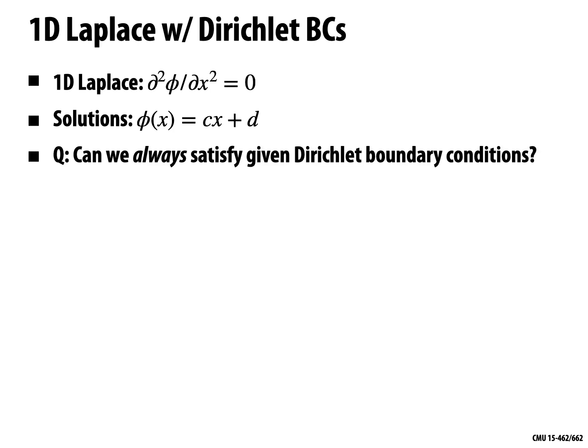Can such a function, a solution to the 1D Laplace equation, satisfy any given Dirichlet boundary conditions? So let's say I tell you that at the left endpoint I want the function to be equal to a, at the right endpoint I want it to be equal to b. Can we always find a function phi that hits these points and solves the Laplace equation?